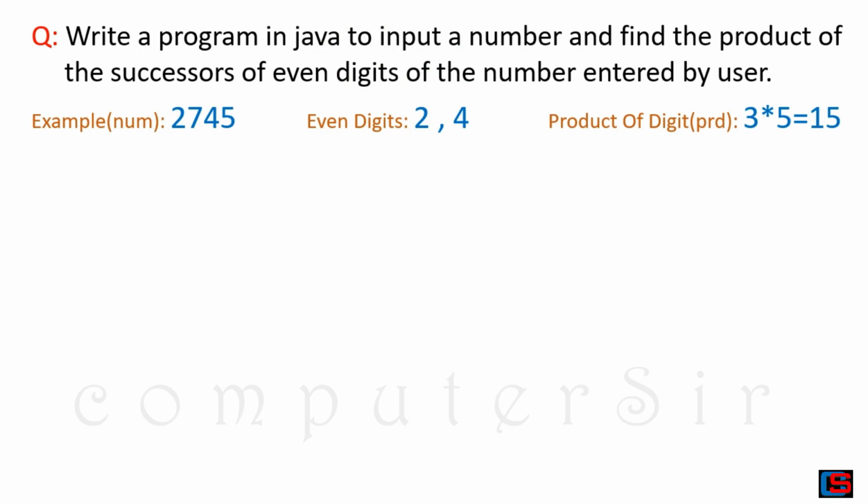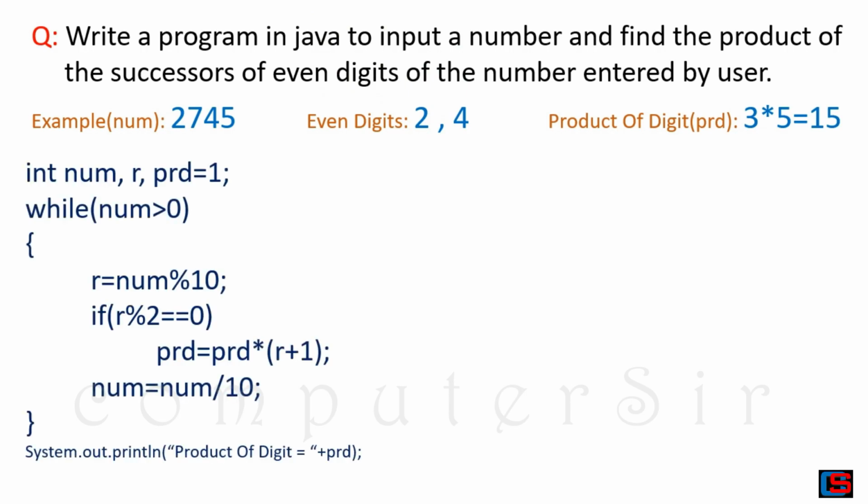Okay, so let's see. This is the code where I'm declaring the variable num, where the number entered by the user is stored, and r, and prd equals 1. As I'm going to find the product value, that's why I initialize the prd variable with 1. Again I implement the concept of the digit extraction program, and that's why I'm using the while loop where num is greater than 0.